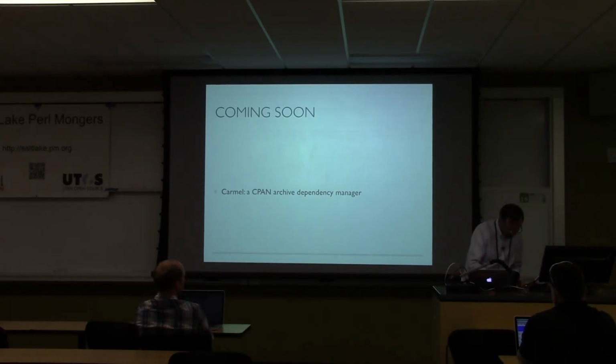Let me pull this up for my notes here. It keeps the dependency builds in a central repository and then switches the library paths at runtime like Carton. So he's considering calling it Carton 2. The syntax is compatible. It uses cpanfile in the same way. So it's something to keep your eye on.